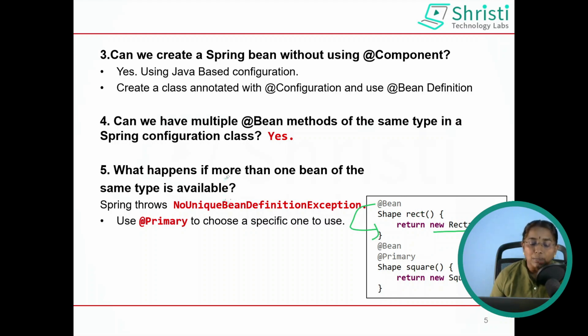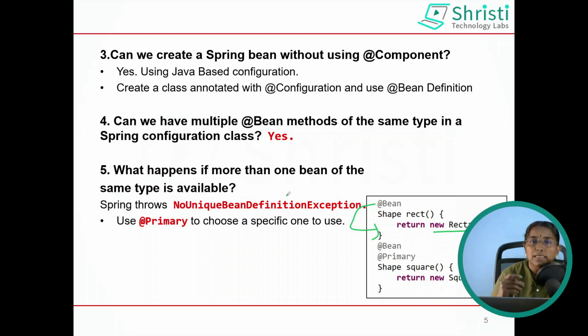Okay. What happens if more than one bean of the same type is available? In my case, I have a Shape interface, 2 implementation classes of that, Rectangle and Square. Now, while running the application, there will be a confusion whether to choose Rectangle or Square. Then, in this case, it will throw NoUniqueBeanDefinitionException.